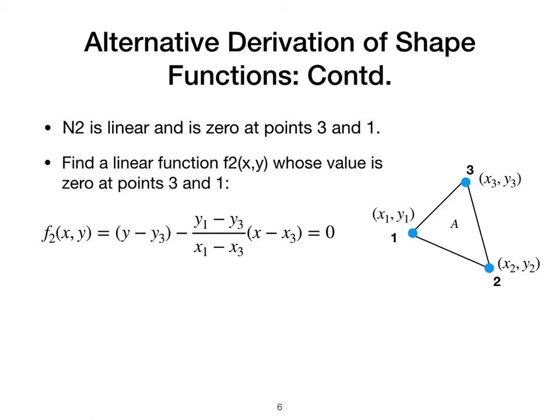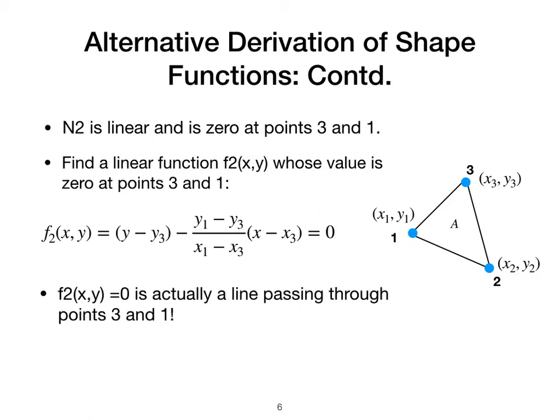If you apply coordinate geometry and find that function, f2 will look like this: y minus y3 minus (y1 minus y3) over (x1 minus x3) multiplied by x minus x3, the whole thing equal to 0.